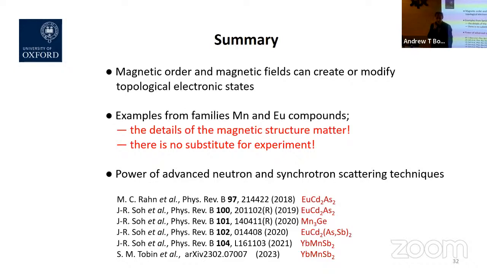I'd have to check whether they've been done for the correct magnetic structure. Often these calculations are done for an assumed magnetic structure, and as I've tried to show today, that doesn't always give you the right answer. So I need to see whether the literature has any calculations for the correct magnetic structure, but that should be done. The ARPES has been measured, but I don't know about the calculation.